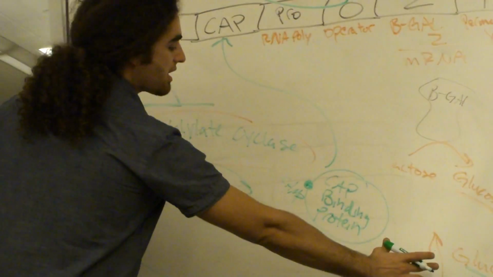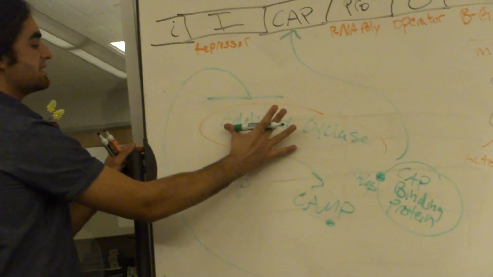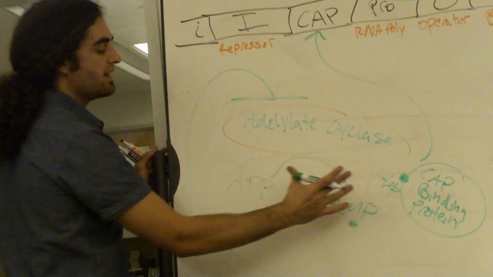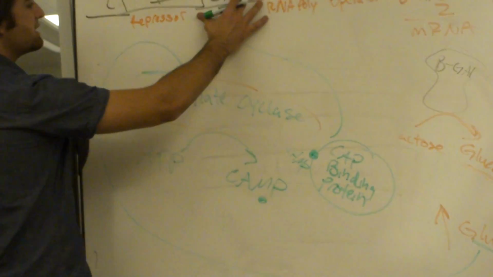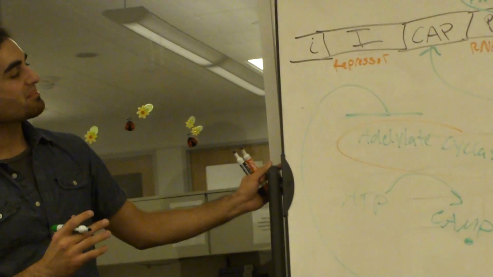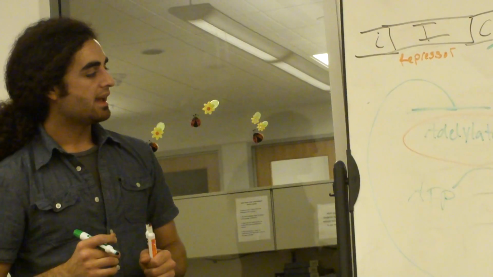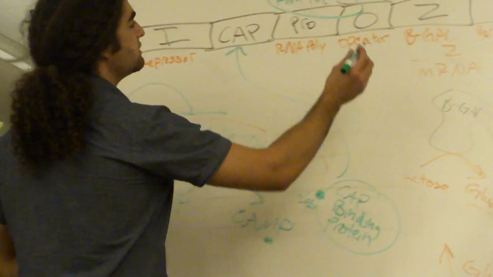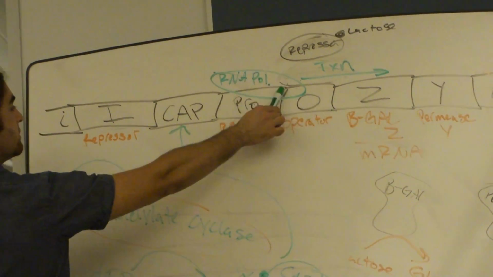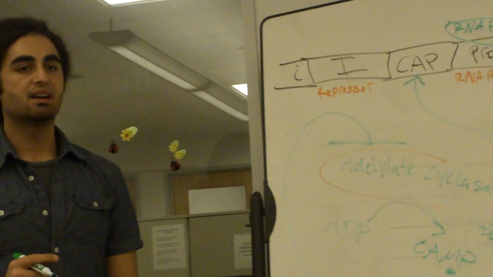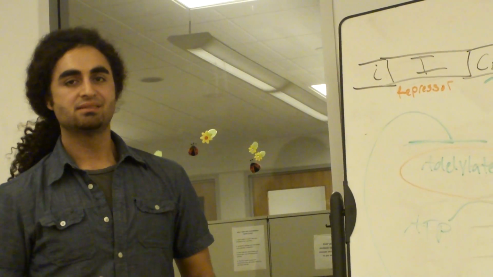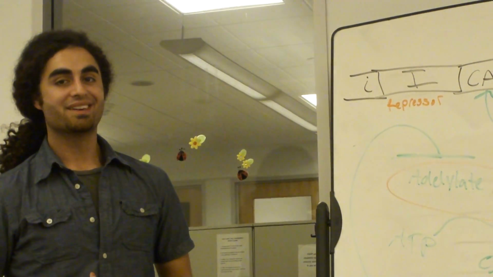So as glucose increases, adenylate cyclase activity decreases. Therefore, cap binding protein can't bind the cap, and you get only basal levels of transcription. And only until you run out of all your lactose will the repressor rebind to the operator and everything stops.